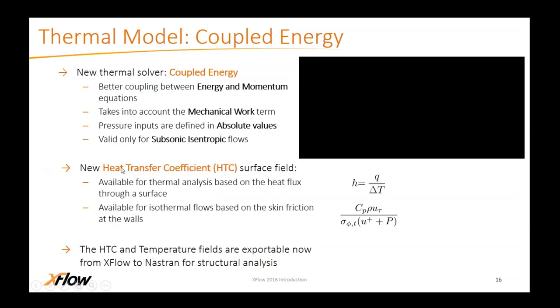Also, we can now export the heat transfer coefficient either for a thermal analysis or an isothermal analysis. In the case of thermal analysis, it's simply the definition of the heat transfer coefficient, which is a heat flux divided by the temperature gradient. And for the isothermal flow, we use such laws, which are based on the shear stress and pressures and so on.